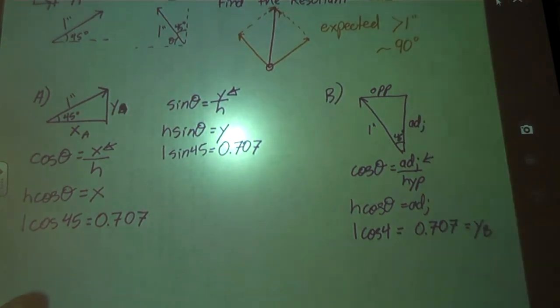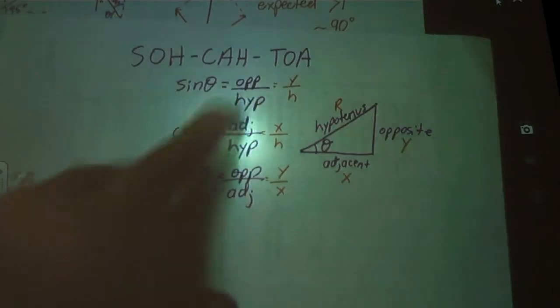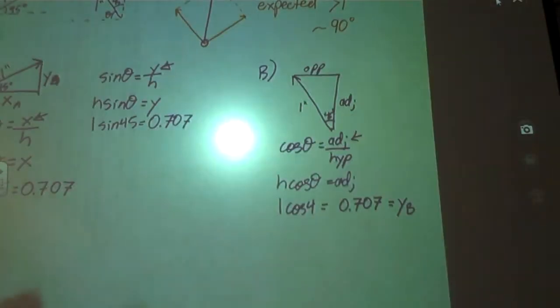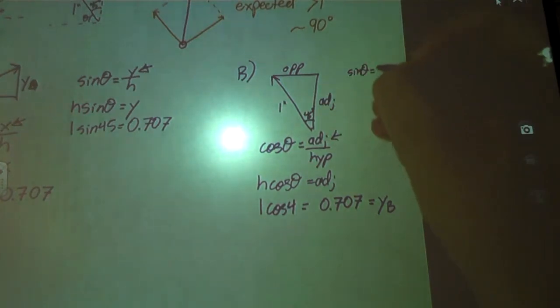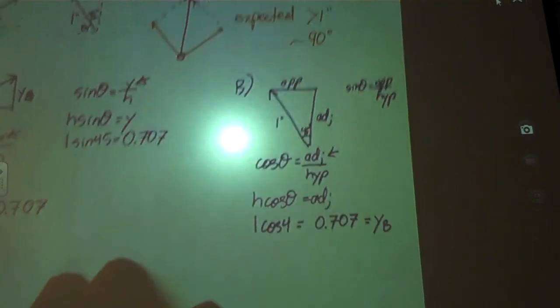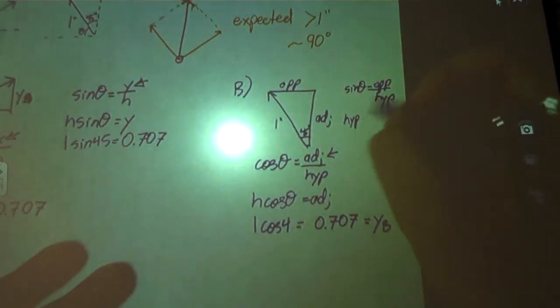Now I need this opposite side over here. And just as we predicted, I gotta use a weird function. Can you see that? Yes, you can. So hypotenuse times our sine is going to give us our opposite.